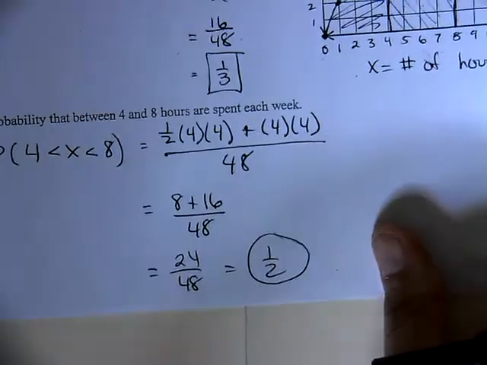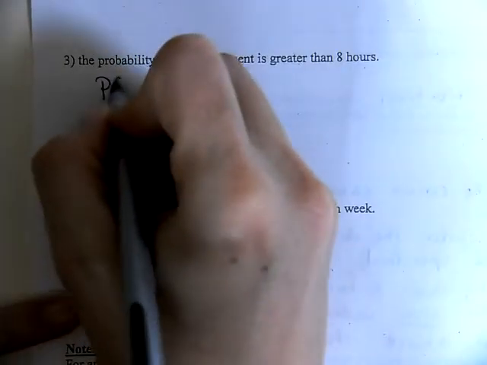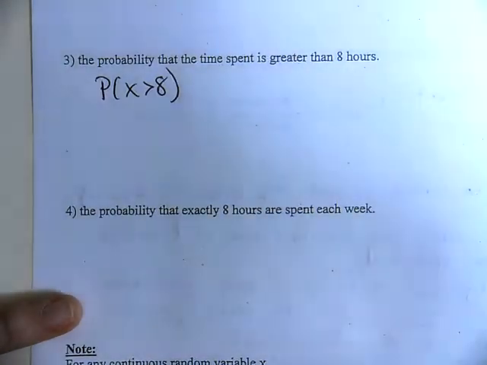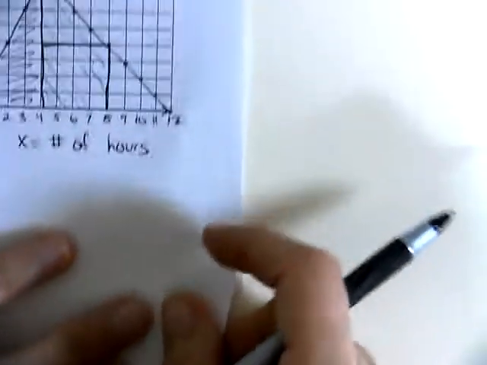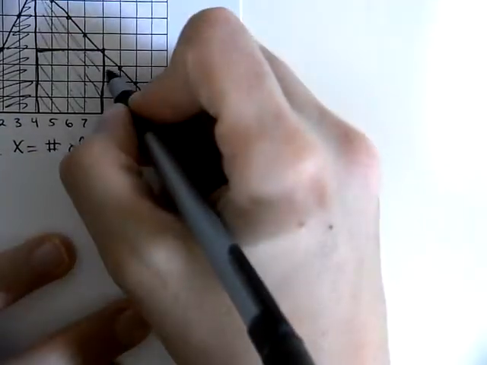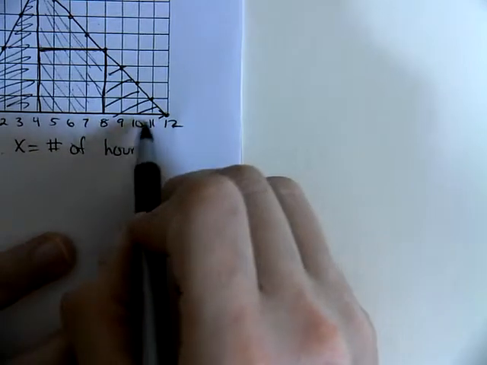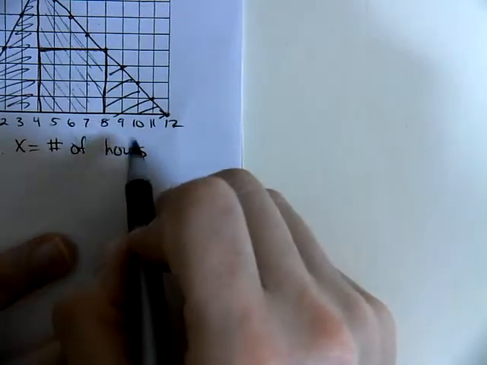Now, number 3 on the back is what's the probability somebody spends more than 8 hours? So the probability x is greater than 8. Now I'm going to do that last piece. Let's see, we'll go this way, this piece. Again, this is a triangle, so I'm going to put this little triangle on the top, again over 48.